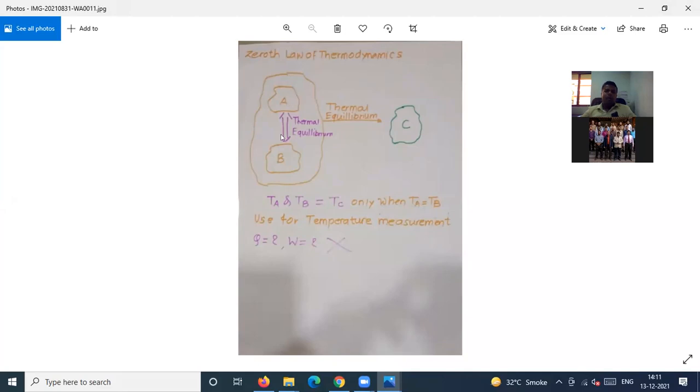If body A and body B are in thermal equilibrium with body C, then they are also in thermal equilibrium with each other. That is what the statement says.